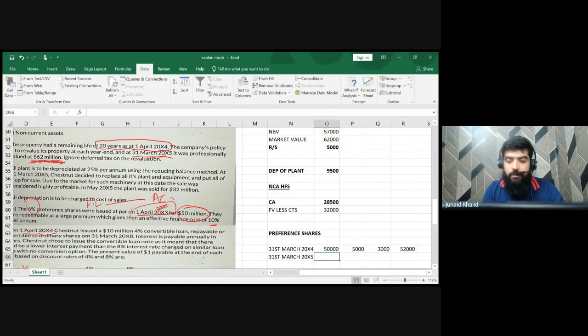Now this is going to be the opening balance for the next year, and we are going to charge 10%, and then deduct that 3,000. So it's 54,200. So for 31st March 2005, what amount of interest expense should be recorded?